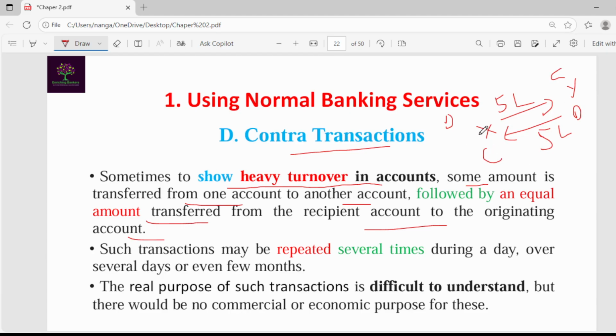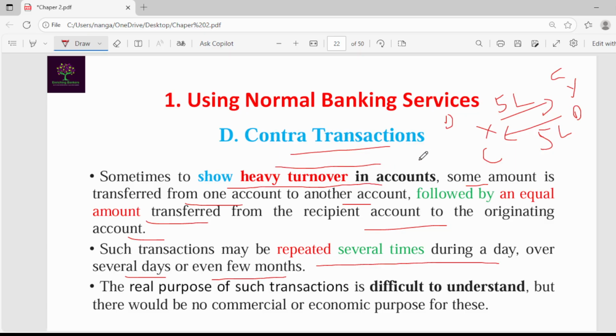Transactions like these are repeated several times during a day, over several days, or even a few months, because they want to show heavy turnover in the accounts.